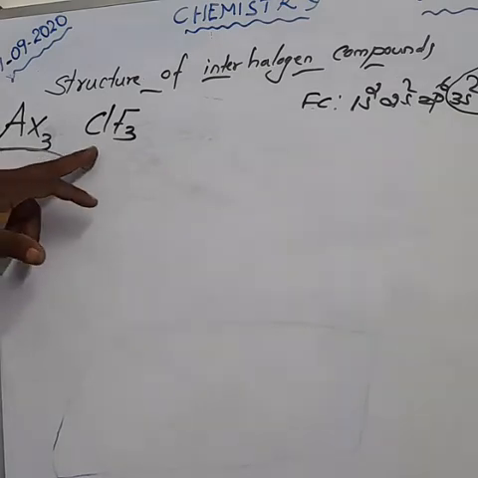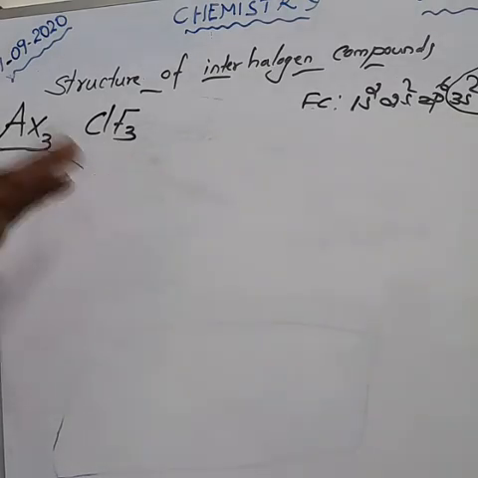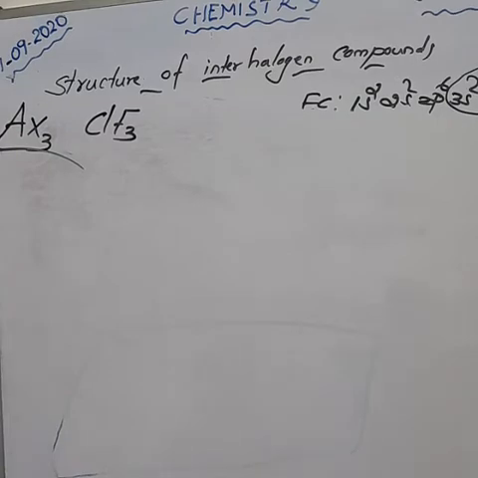Here, one chlorine atom combines with 3 fluorine atoms, and we get an AX3 molecule. How can you calculate the hybridization of the AX3 molecule? How can you find out how many bond pairs and how many lone pairs there are?